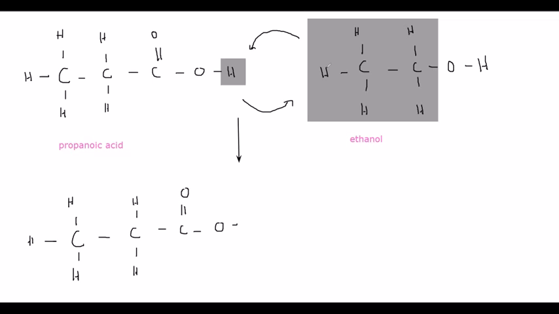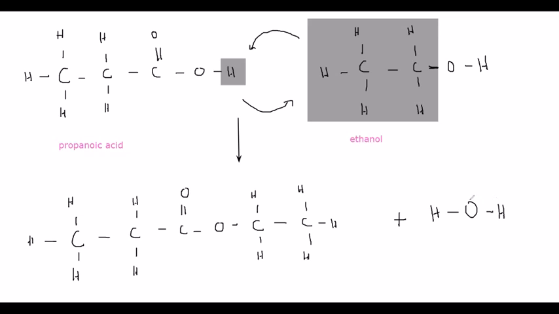Then this hydrogen is replaced by this carbon chain. So this bond will break with oxygen from this side, and it will displace this hydrogen. So it will form CH2, then CH3. And then water, because H and OH will form a bond, that H and OH means H2O. This is the final product.